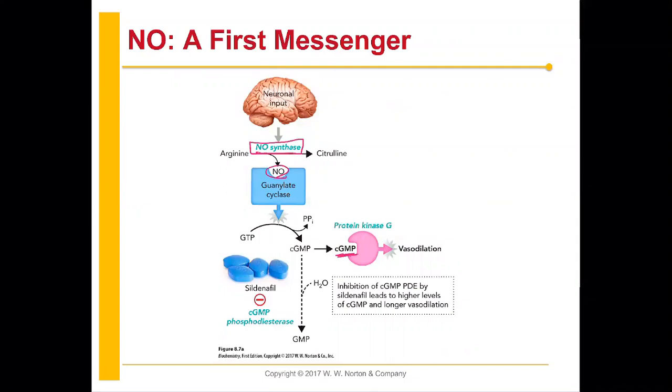And if you look at biochemical pathways, drug manufacturers try to manipulate these biochemical pathways in order to treat illnesses. So there was a drug in the 90s that was designed to treat heart disease. And it was designed to inhibit cyclic GMP phosphodiesterase, which is an enzyme that hydrolyzes or gets rid of cyclic GMP.